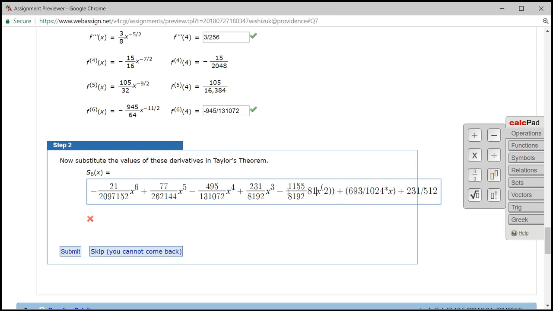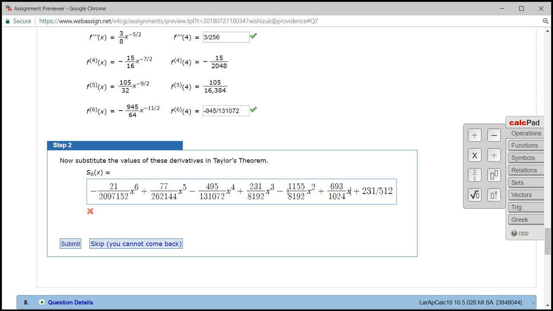Then we get rid of that, 2, and get rid of that. So it's going to be 1024, and get rid of that, and we get x. Get rid of that, and it's almost there, so it's going to be 512.